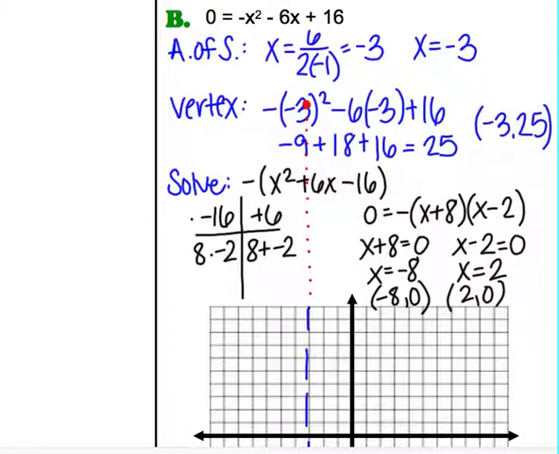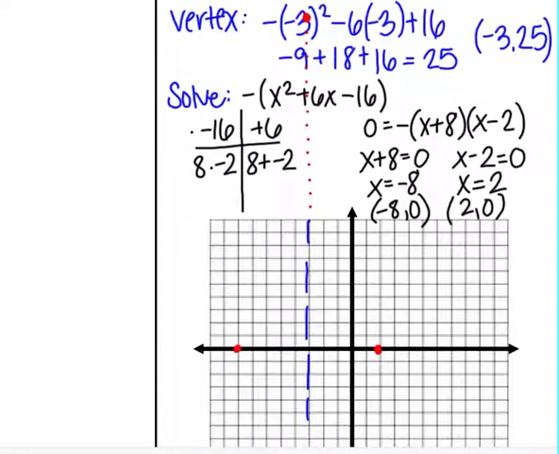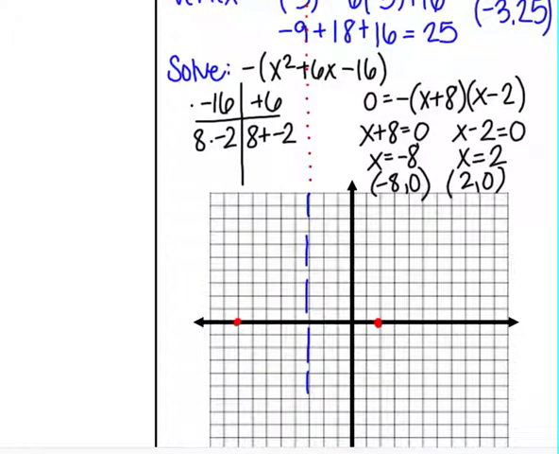So I'm going to go ahead and plot those. So we've got -8, 0, 4, 5, 6, 7, 8, and 2, 0. And then we look at the y-intercept. I'm going to put my y-intercept over here because I'm out of room.